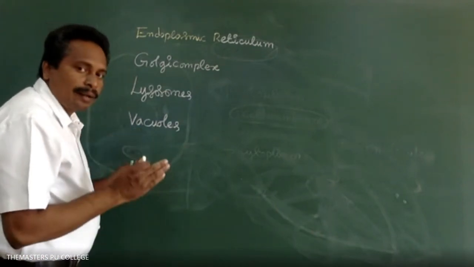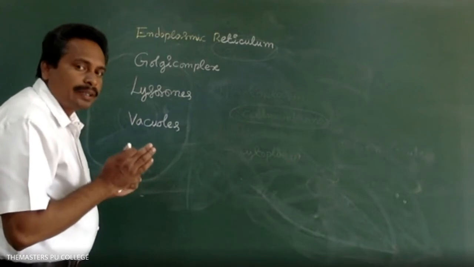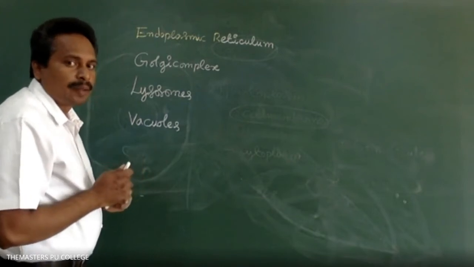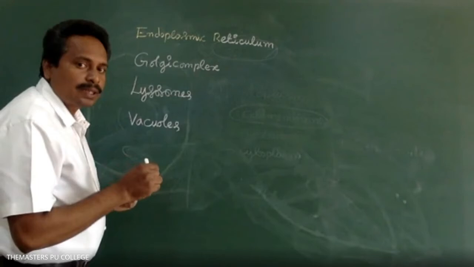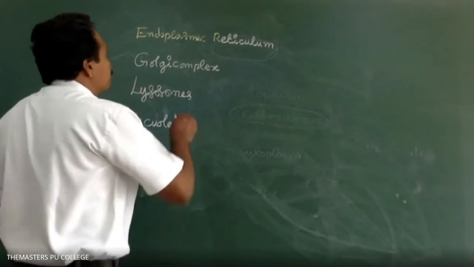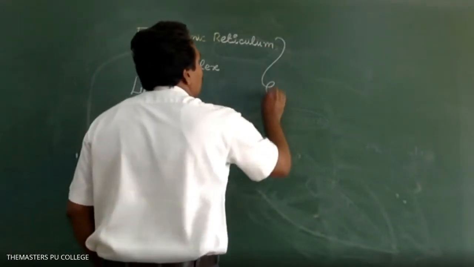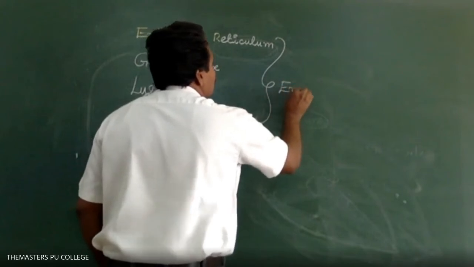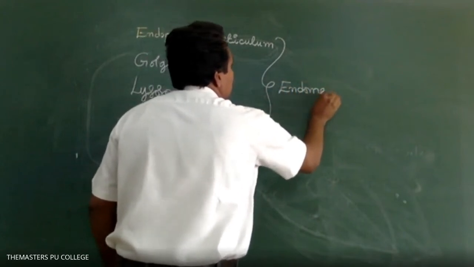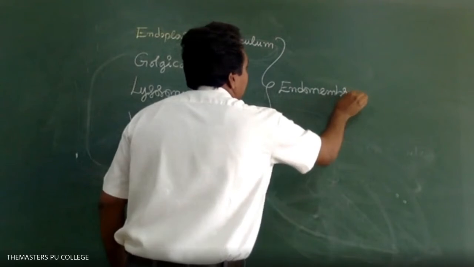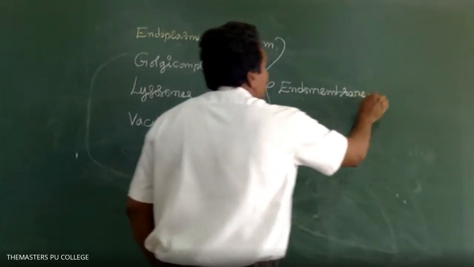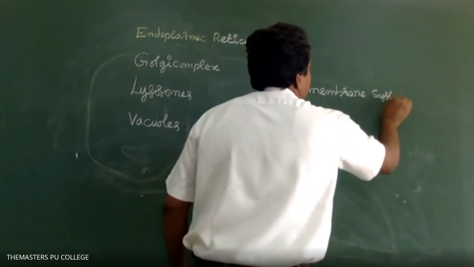These cell organelles' functions are coordinated with each other. So these cell organelles form the endomembrane system.